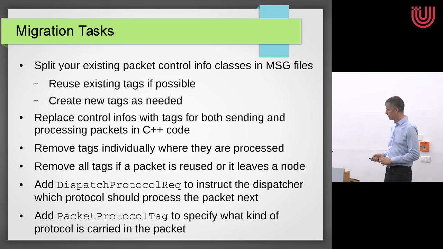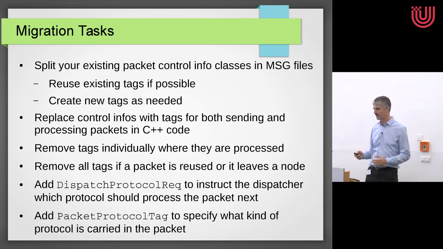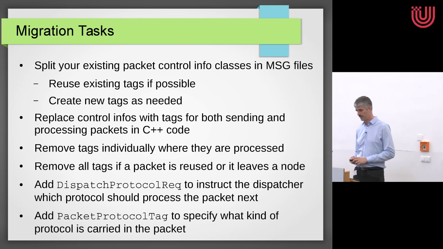And the second one, the packet protocol tag, is related to the third part, which I will talk about, the new packet API, in that protocols have to specify what kind of protocol is in a packet, because a packet in itself is just a bunch of bytes or bits, if you will. So in itself, it isn't self-describing without this information.